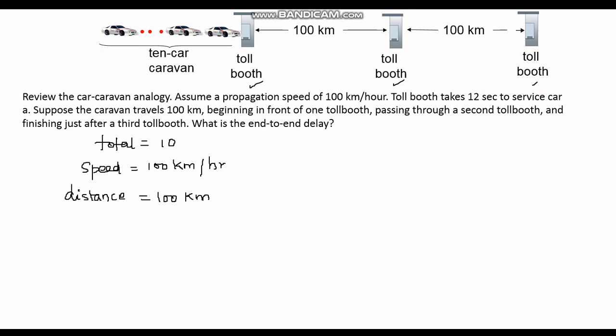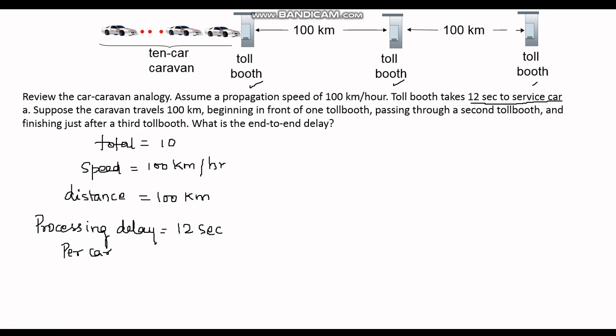The toll booth takes 12 seconds to service a car. So the processing delay is straight away given here as 12 seconds. It is per car: per car the processing delay is 12 seconds.